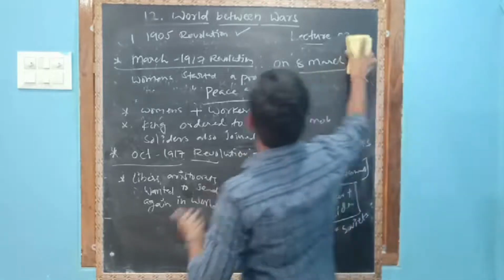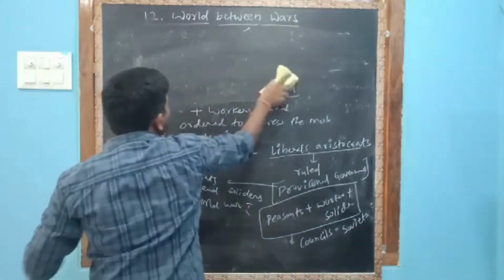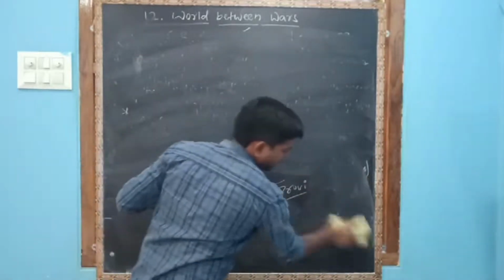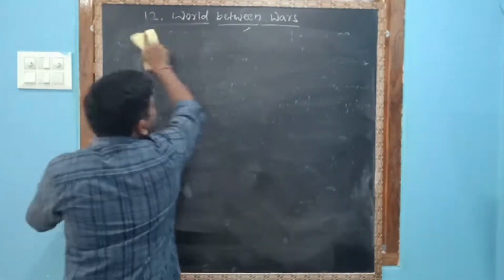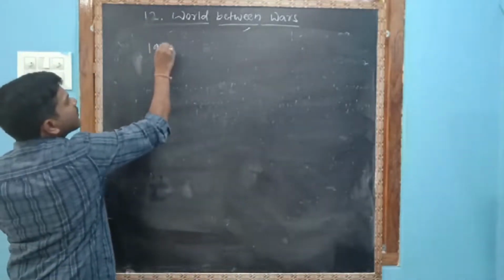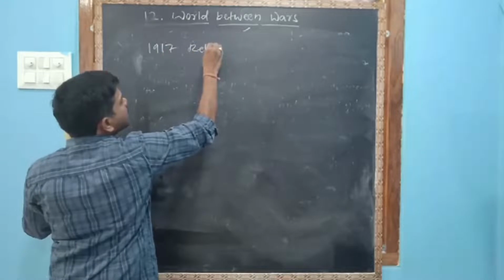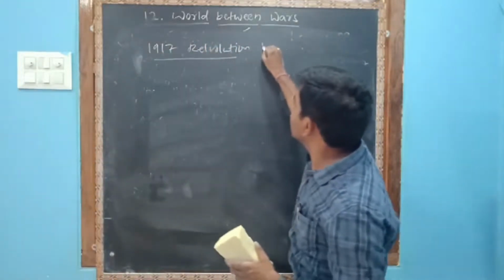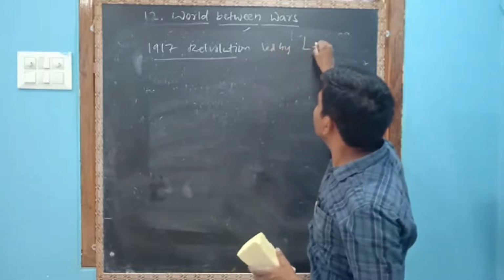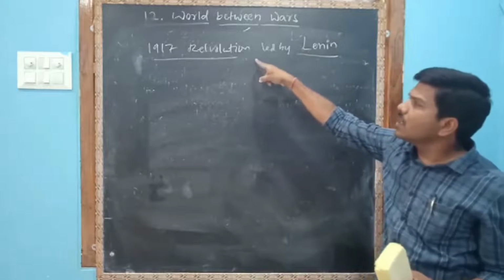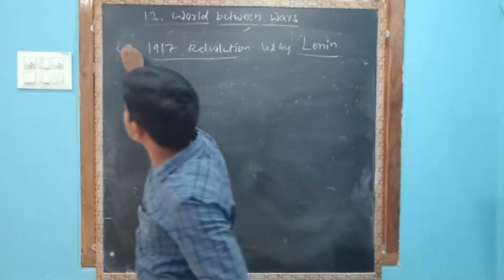This revolution was not a sudden revolution. It was completely a planned revolution. The October 1917 revolution was led by Lenin. Very important. You remember that?